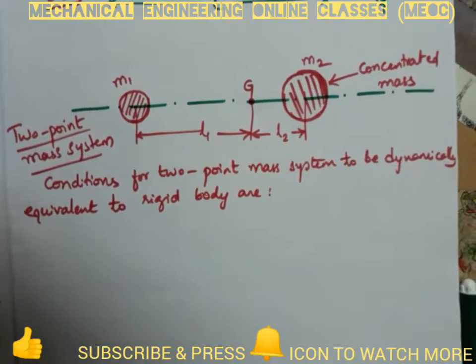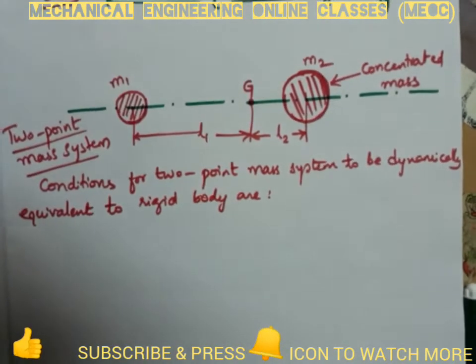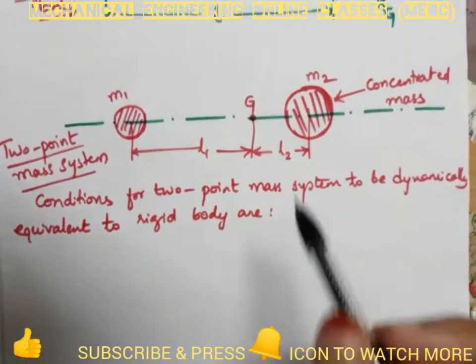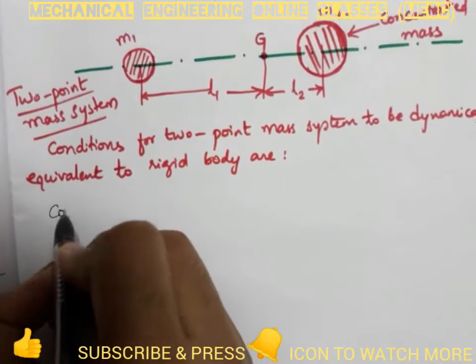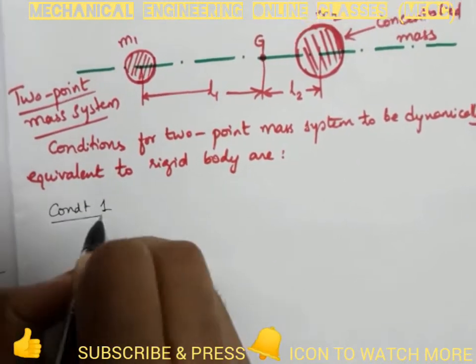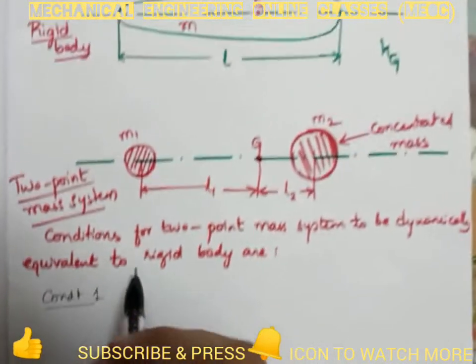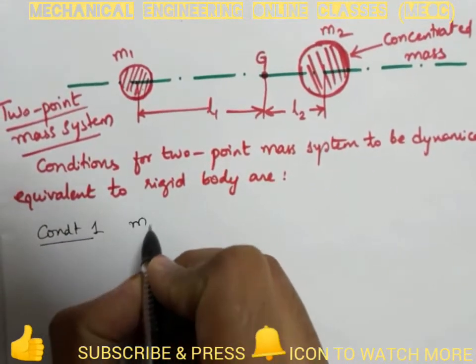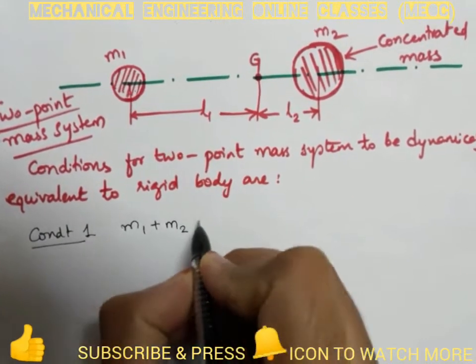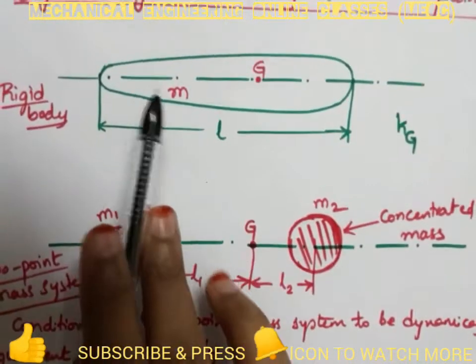The conditions for a two-point mass system to be dynamically equivalent to the rigid body are: the first condition is that the sum of the two masses should be equal to the mass of the rigid body. So if the two masses are M1 and M2, the sum M1 + M2 should be equal to the mass m of the rigid body.